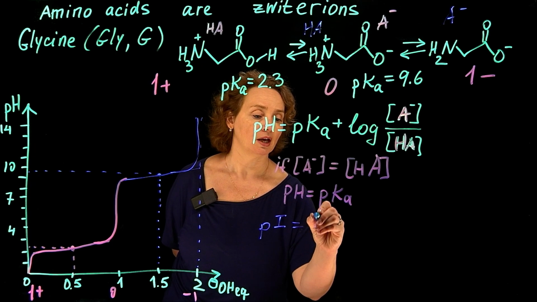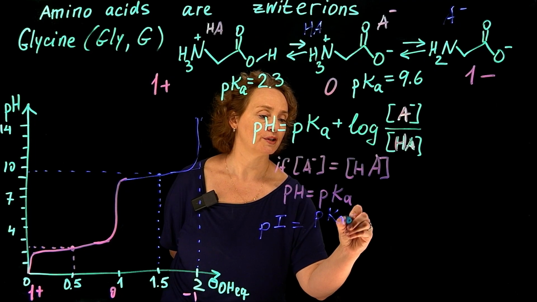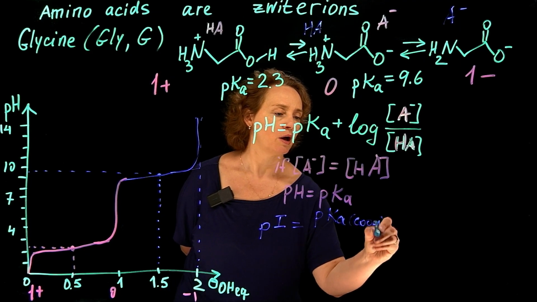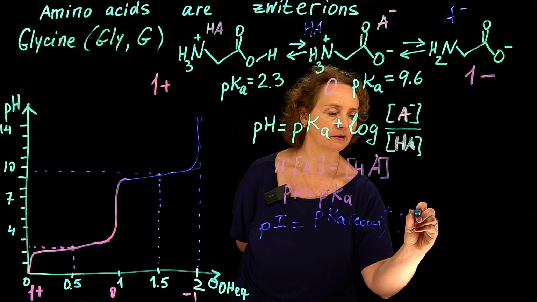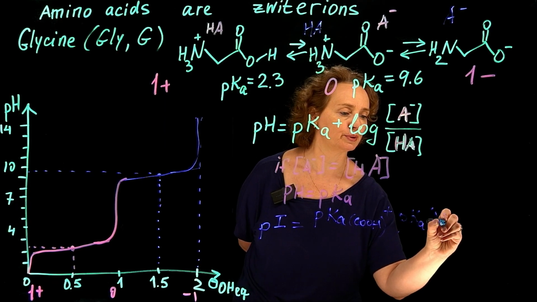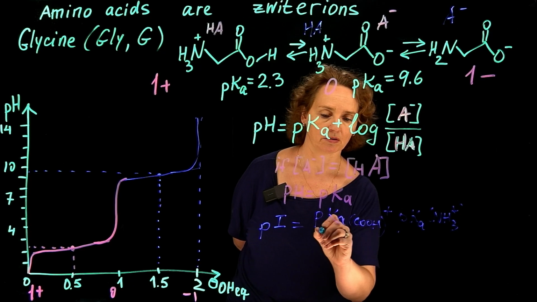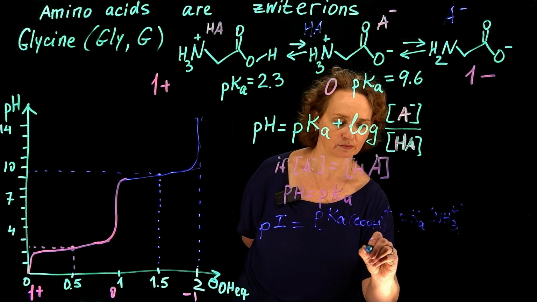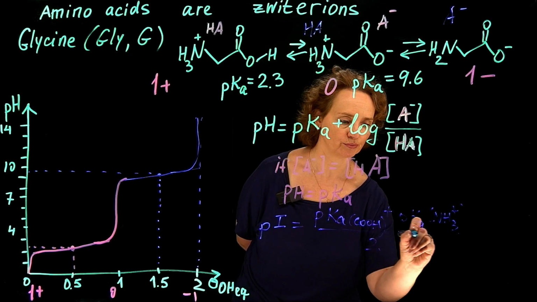So that will be pKa of the carboxyl group plus pKa of the amino group divided by 2.